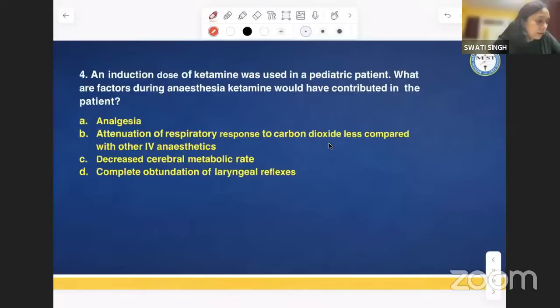Second is attenuation of respiratory response to carbon dioxide, less compared with other IV anesthetics. Third, decreased cerebral metabolic rate. Fourth, complete obtundation of laryngeal reflexes. So they're asking which is a true property of ketamine. Can anyone pick the true property of ketamine for me?